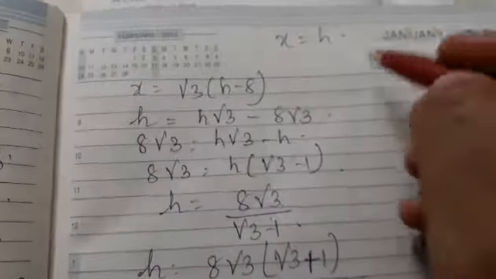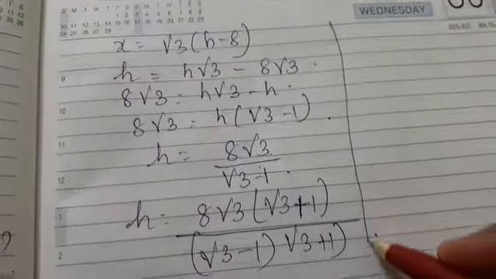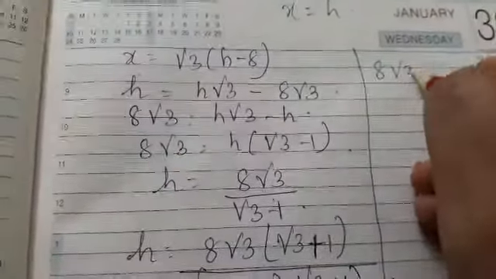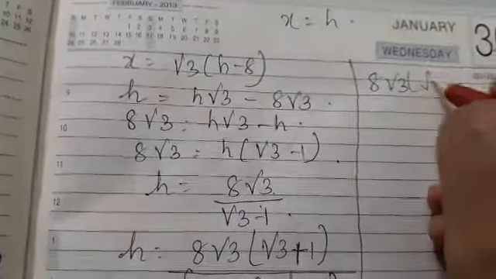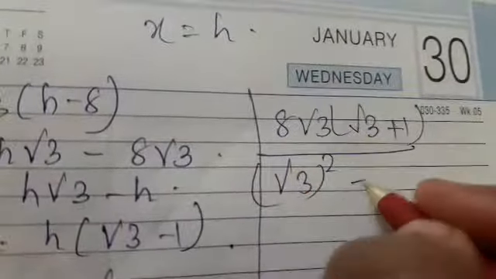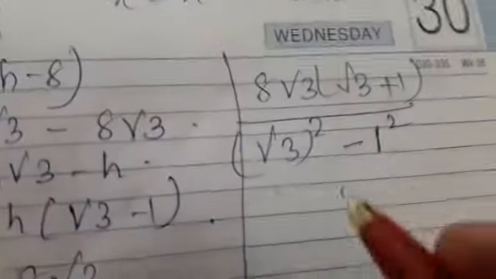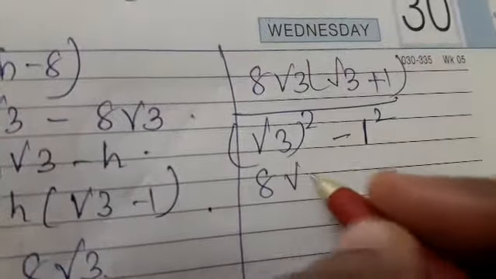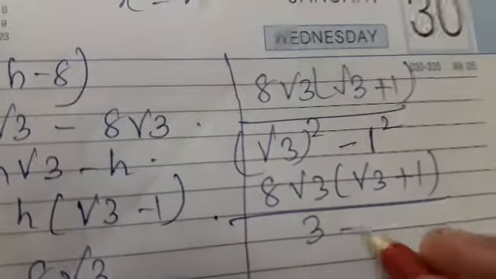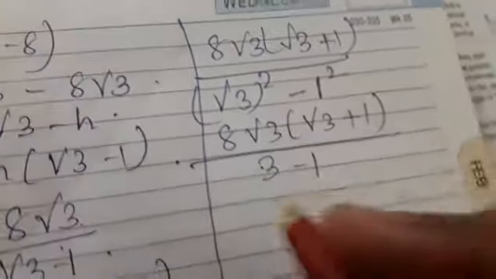You know how to rationalize and how to solve these questions, children, because you've done polynomials. Here I get 8 root 3 (root 3 plus 1), and here I will get root 3 square minus 1 square. So here I get 8 root 3 (root 3 plus 1), and the denominator will be 3 minus 1, which is 2.